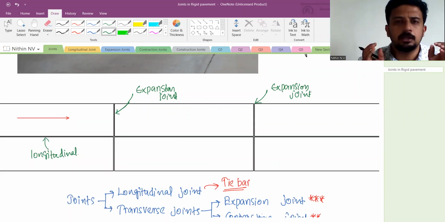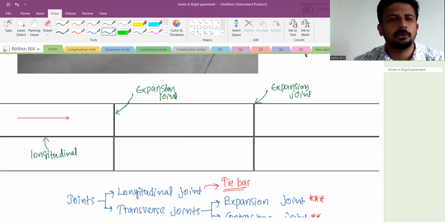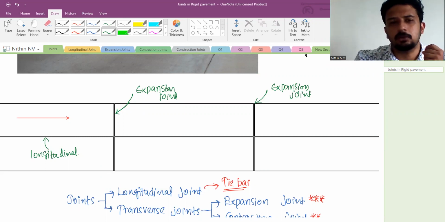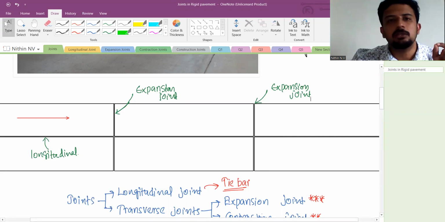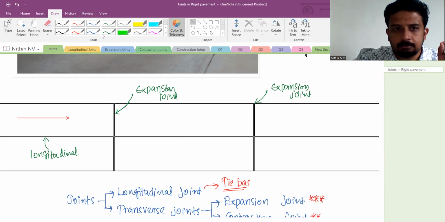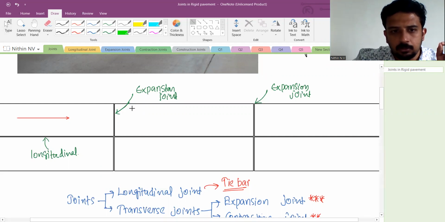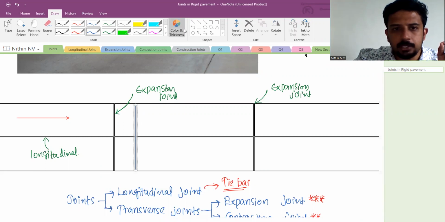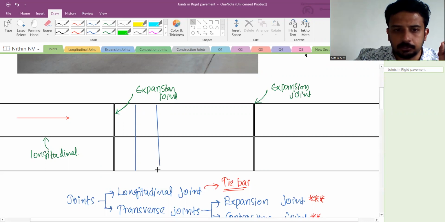That's it, simple. Now, where will the contraction joint be? Where am I going to mark the contraction joint? In between two expansion joints. Understood? So in between two expansion joints, we can mark the contraction joint. At what spacing it will be, that we need to calculate. What should be the spacing between these contraction joints?